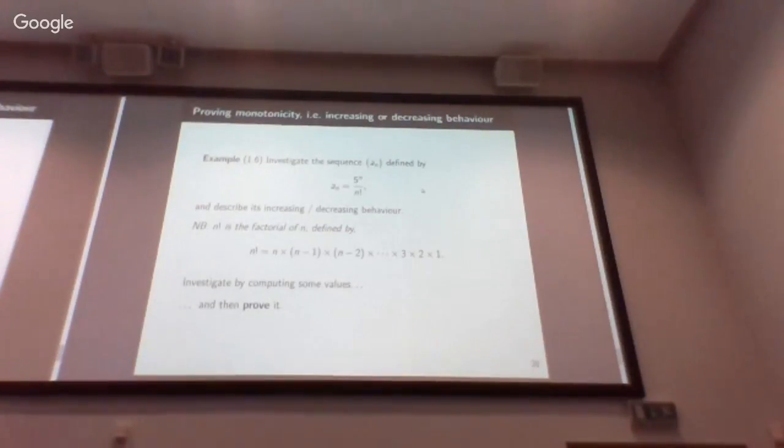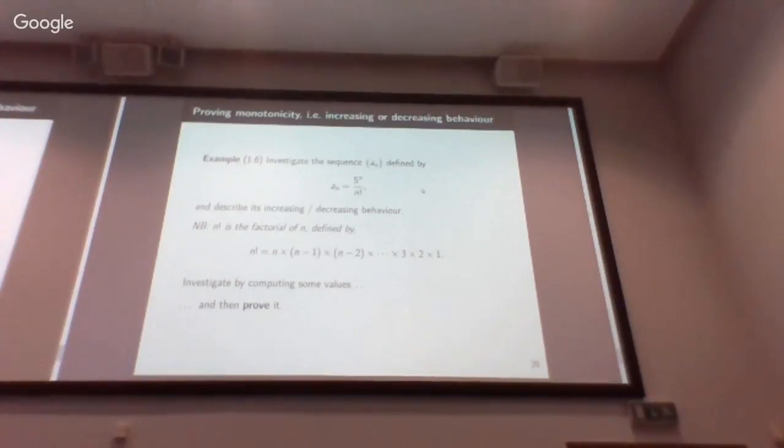The factorial of a positive integer n is the product of all the positive integers from 1 up to and including n: n times n minus 1, times n minus 2, all the way down to 3 times 2.